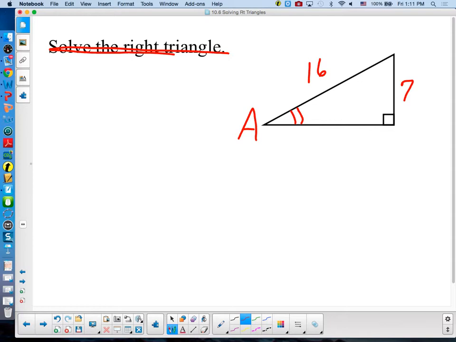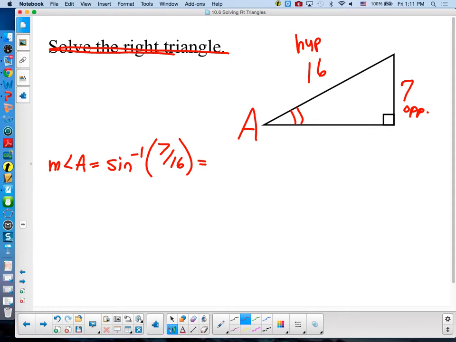Is it sine, cosine, or tangent that's involved? Sine? Correct, because this is opposite leg and this is hypotenuse. So to find the measure of angle A, sine inverse of 7/16.